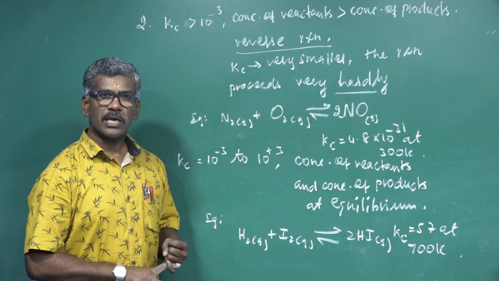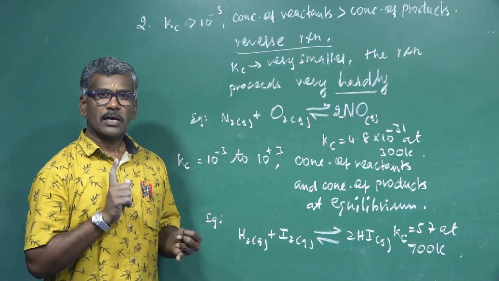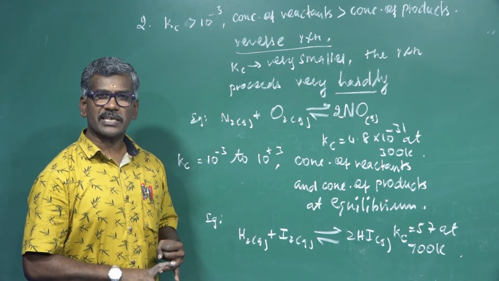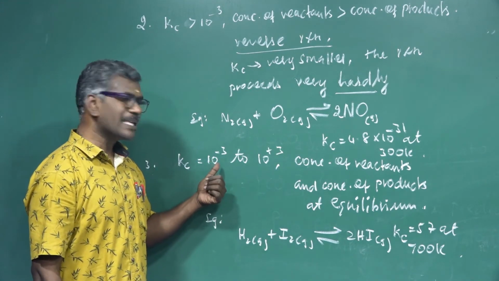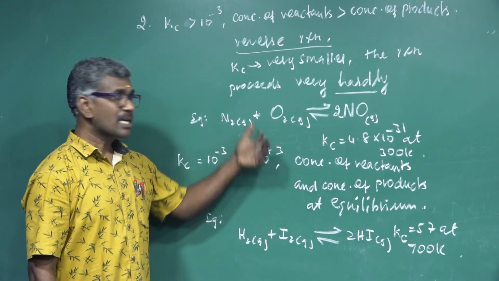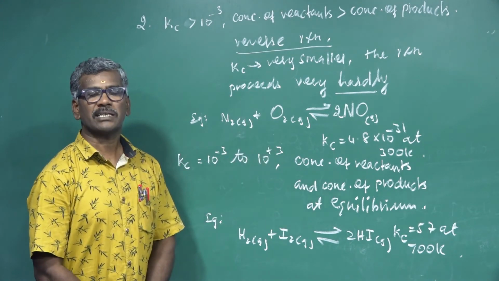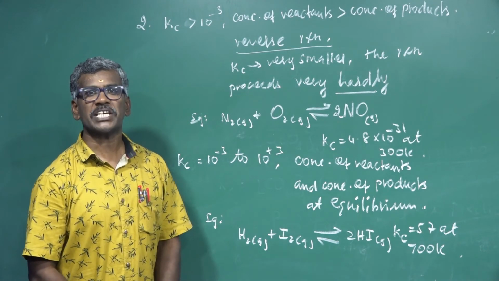First condition, Kc greater than 10 power plus 3. Second condition, Kc less than 10 power minus 3. Third condition, Kc between 10 power minus 3 and 10 power plus 3. These are called predicting the extent of the reaction. Another one, predicting the direction of the reaction.